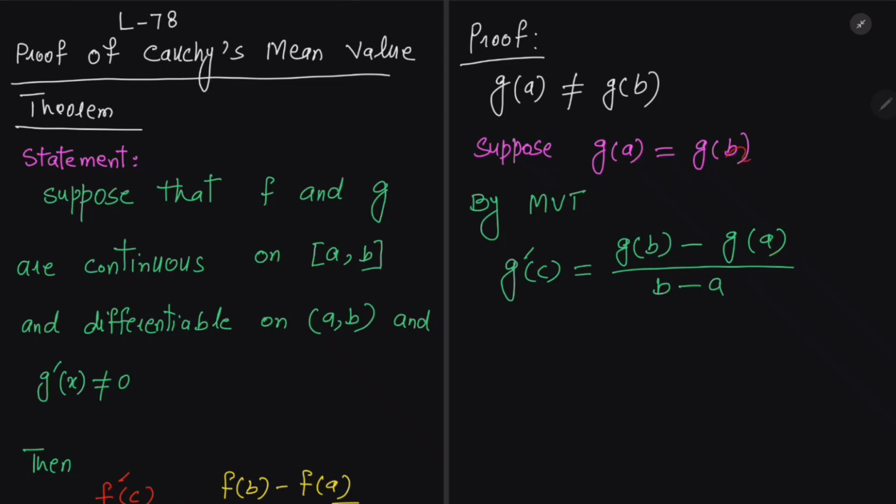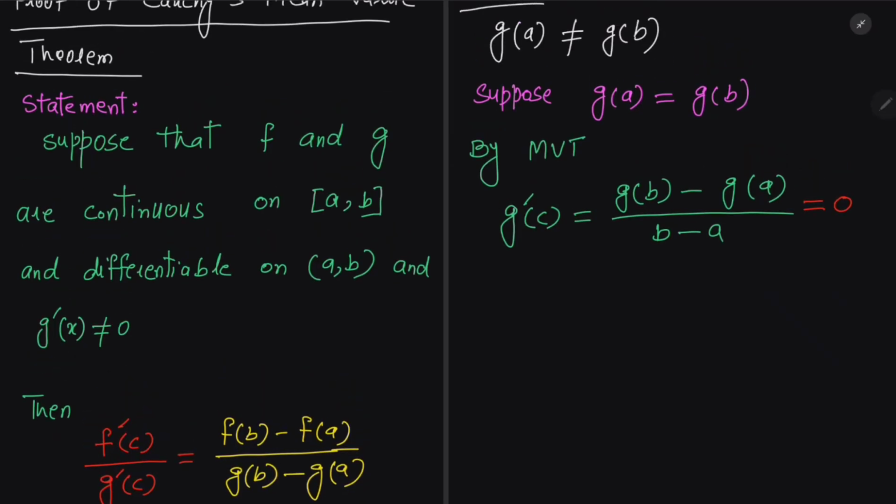If g of A is equal to g of B, it means that these both quantities are equal, so we get the answer 0. So if g of A and g of B are equal, then g dash C is equal to 0.